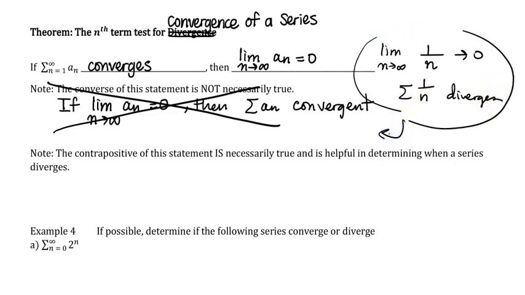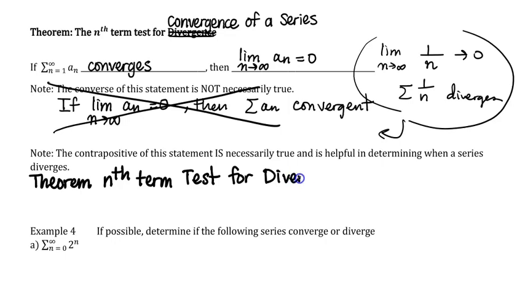Now let's talk about how this theorem can be used. The theorem says that if a series is convergent, it means that the limit of that sequence went to 0. There is another theorem, which is the nth term test for divergence, that will be helpful when determining if a series diverges or not.